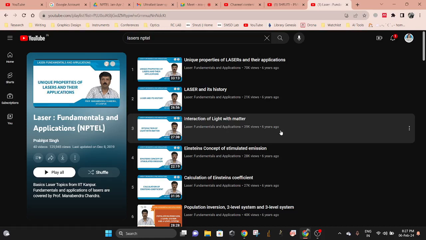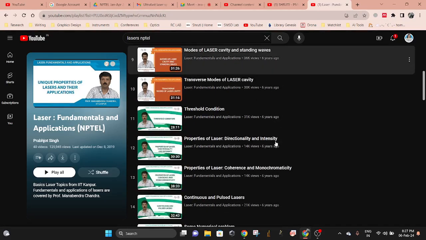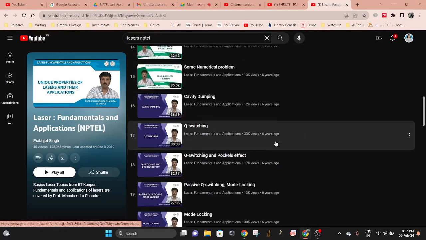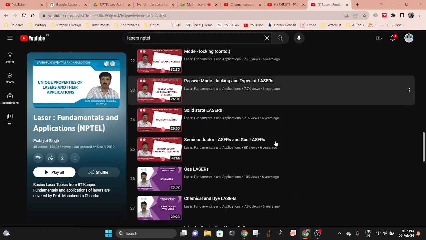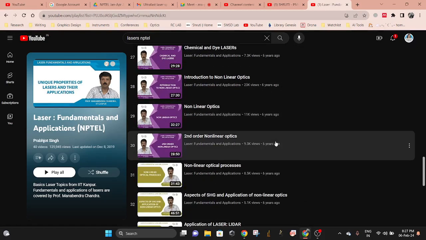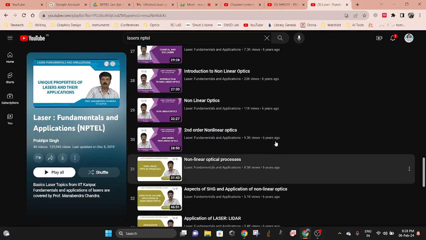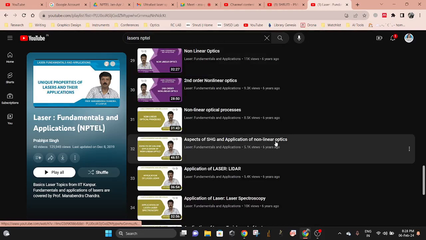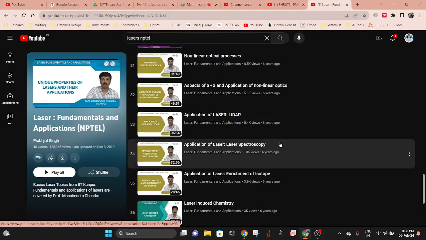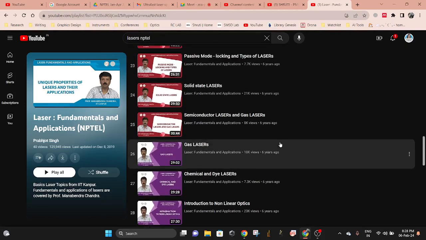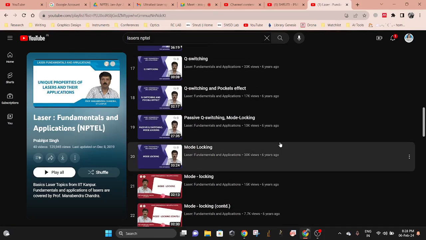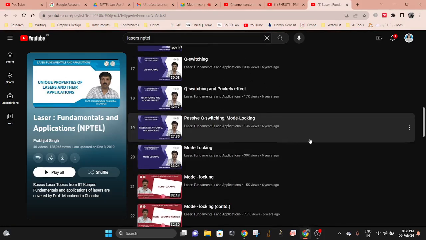This is by Dr. Prabhajot Singh. I have not gone through the course myself, but looking at the content, it seems quite a complete course. Especially for the spectroscopy part, it is basically the function and working of lasers, how the laser is generated, the physics behind it.